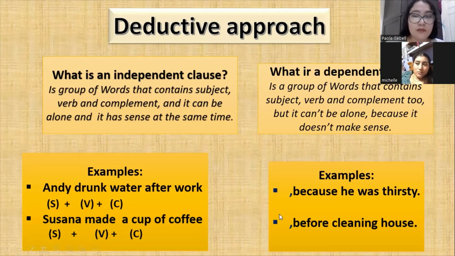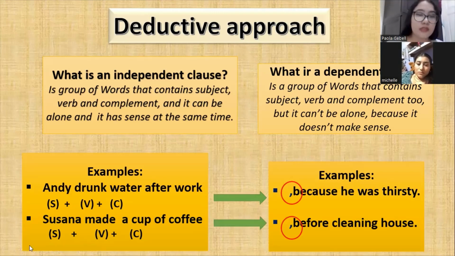For example, if you link the two sentences, we have Andy drank water after work, and then we put a comma to separate the independent and the dependent clause.